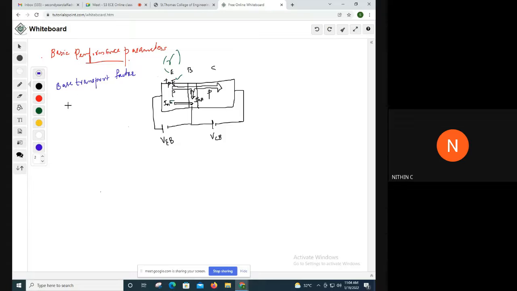This is our next term, base transport factor. First one was emitter injection efficiency. The second one is related to the base region. The second parameter is related to the base region. And it is base transport factor, denoted by alpha T. Okay, this is how we denote base transport factor.